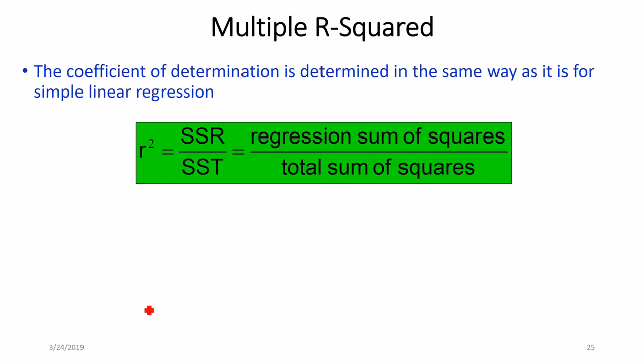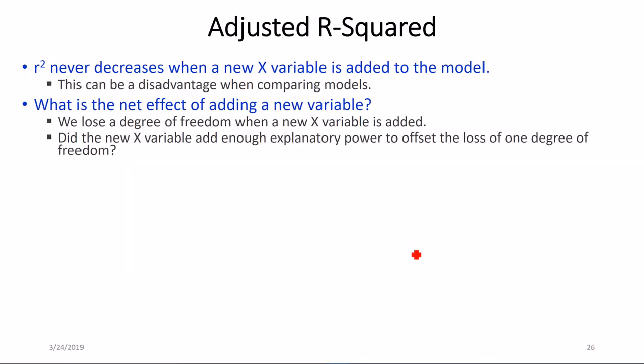For multiple regression, R-squared, or the coefficient of determination, is determined the same way as it was for simple linear regression, which is equal to regression sum of squares divided by the total sum of squares. When we add a new variable to the model, we lose a degree of freedom.